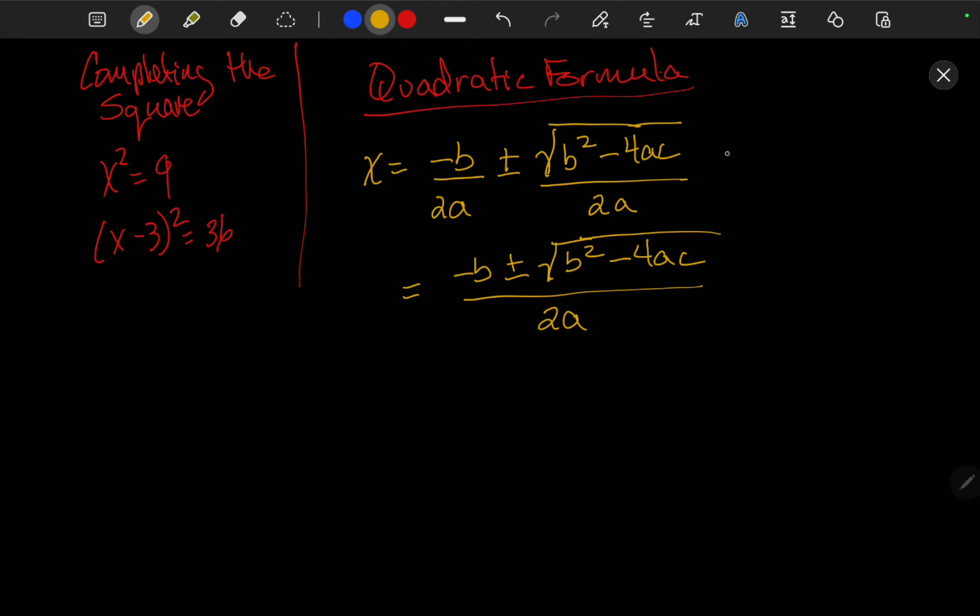The reason why I prefer this way is because it gives you two sets of information. First, it gives you the axis of symmetry.